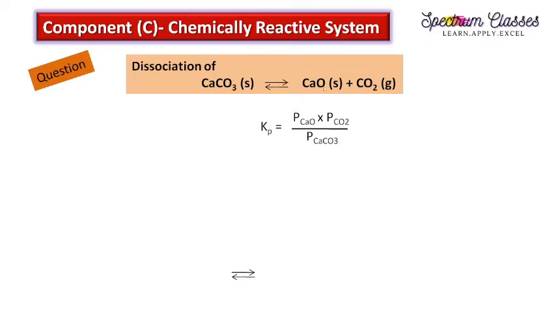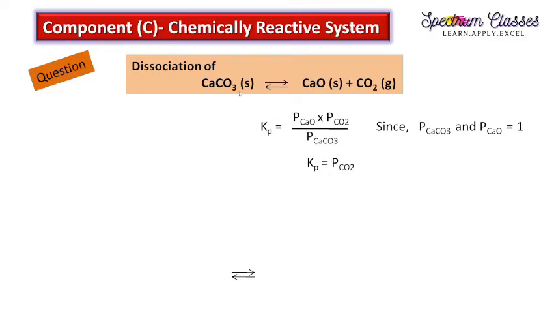Since calcium carbonate and calcium oxide are both in the solid state, their partial pressures or activities will be considered as 1. If these two are 1, then this equation simplifies so that the equilibrium constant Kp is equal to the partial pressure of carbon dioxide. So to describe the gaseous phase, we need the concentration or the partial pressure of carbon dioxide.